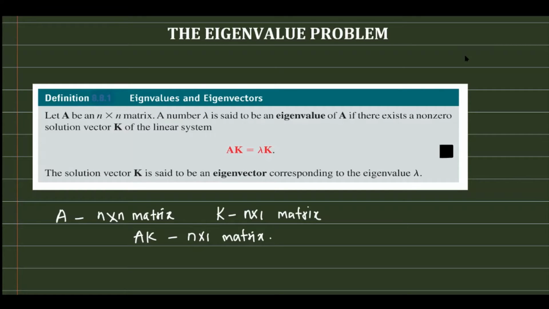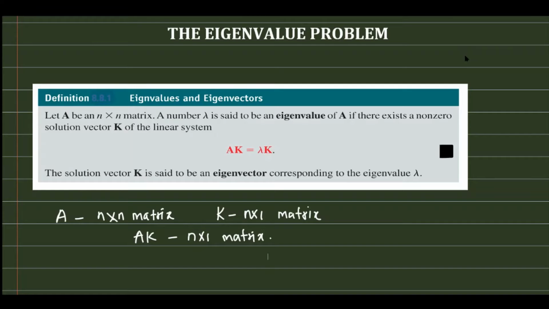So here our aim is to check whether there exists an n by 1 matrix K such that the product AK will be a constant multiple of the vector K itself.